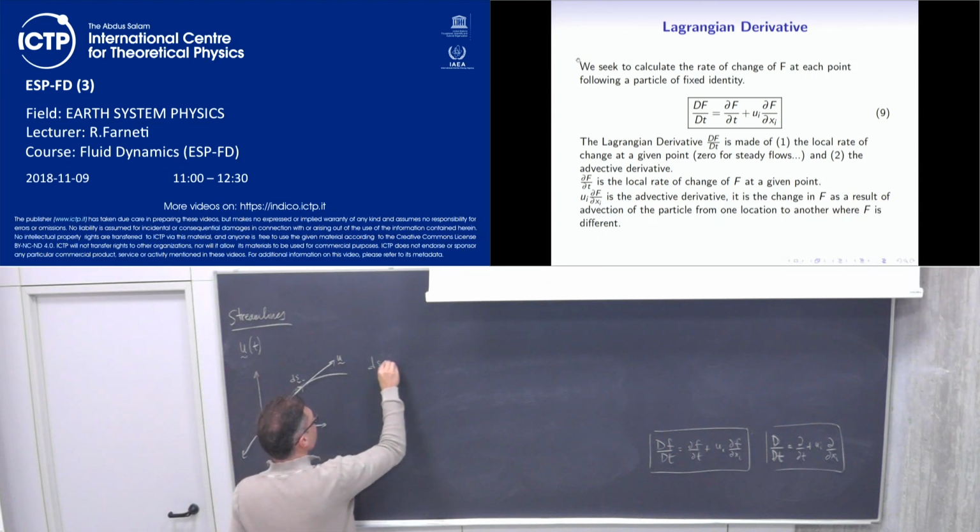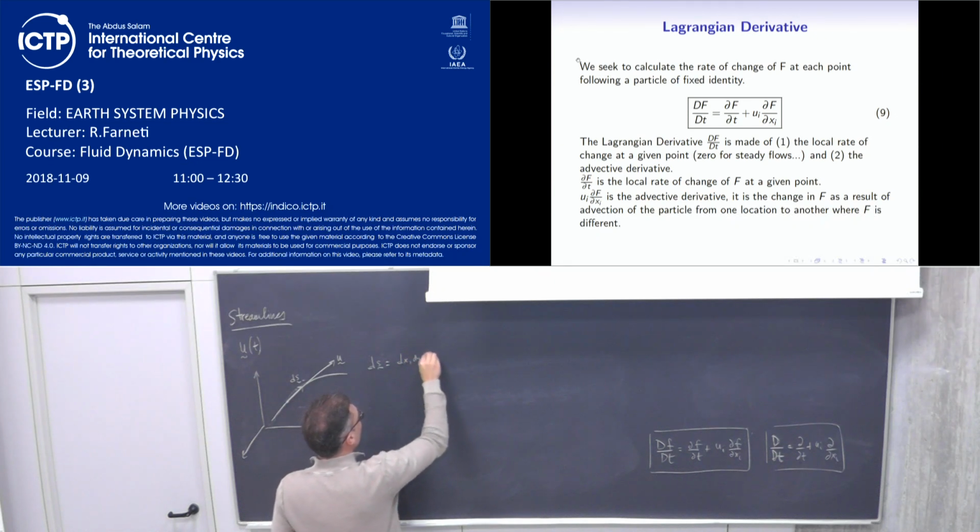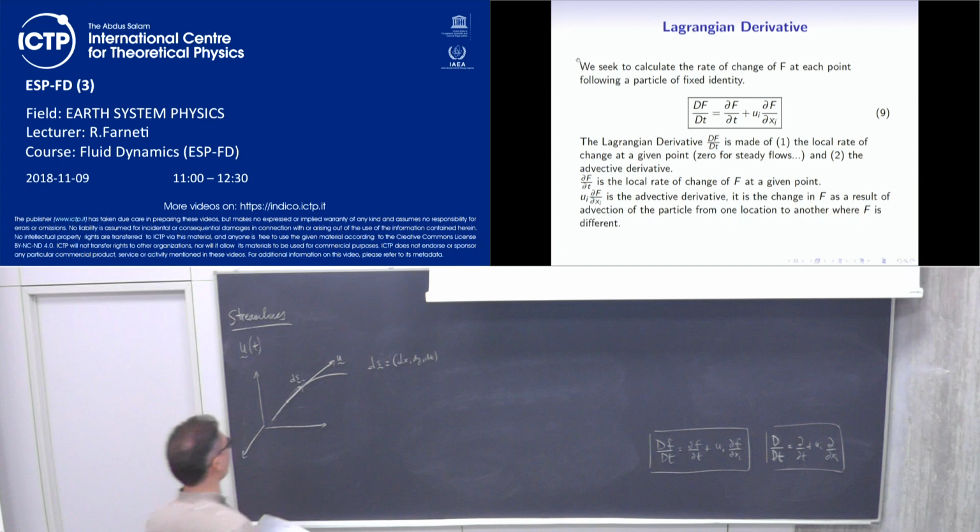So that ds is equal to dx, dy, and dz. This is just an element of the arc length of your velocity vector, and this is the trajectory that your velocity vector is following.